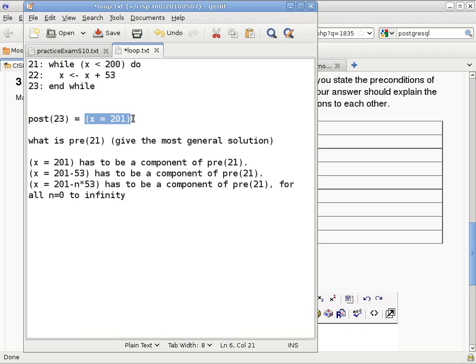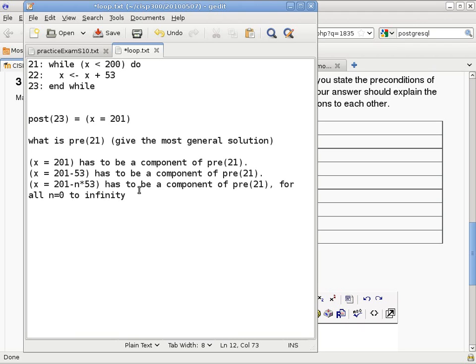So in this case, there's no way you can enumerate all the possible values. All you can say is that x has to fit a particular pattern. x has to equal 201 minus n times 53, and n can be any non-negative integer. That would be the answer.